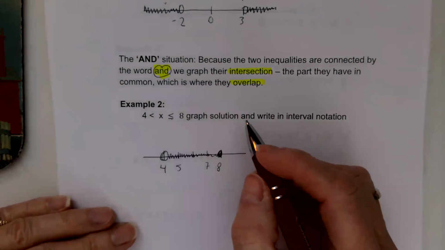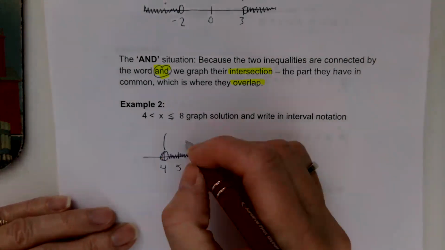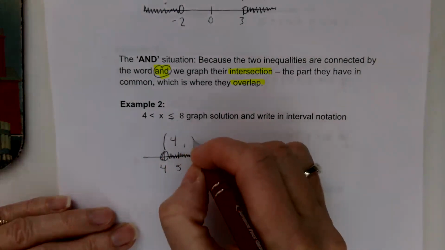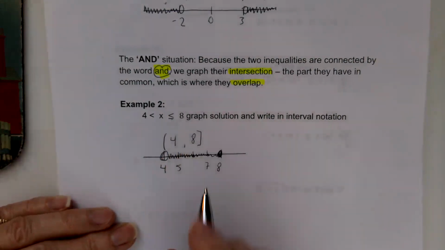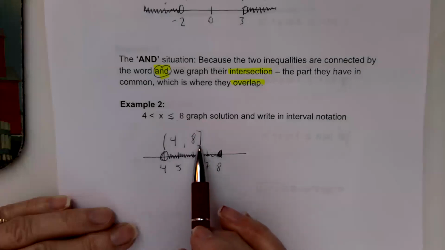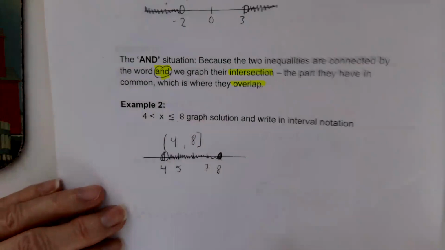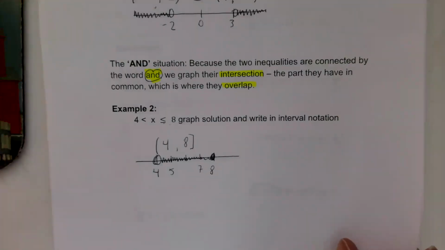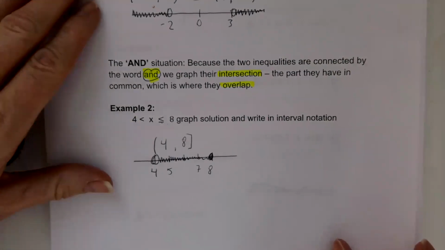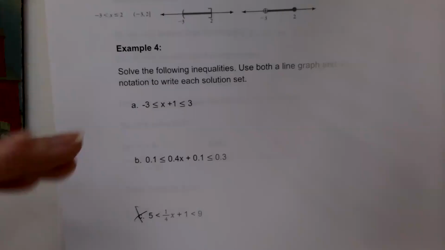That means in interval notation, we have an open parenthesis at 4, comma, and 8 with a bracket. That tells the reader everything between 4 and 8, where we're including 8 with the bracket. We can use these ideas to take what we learned in section 2.4 with solving inequalities, and then we can solve compound inequalities.